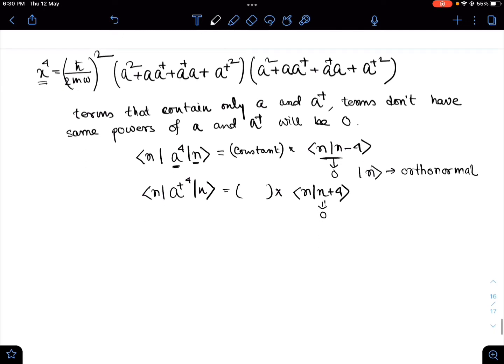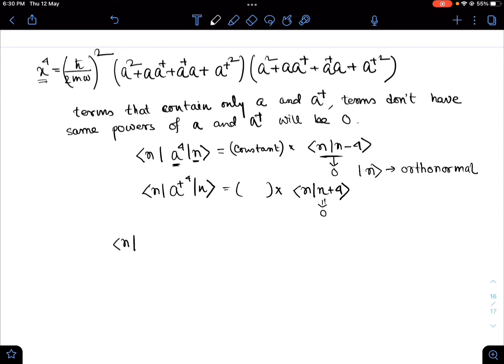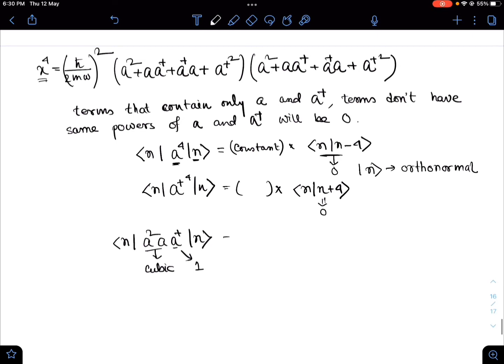And similarly, if you notice some terms, let us take a term of this type. In this term a has cubic power and the other has power 1. So basically these two don't have the same power. So what will be the case? Here will be n and we will have a square.